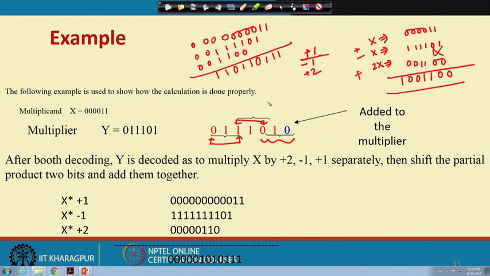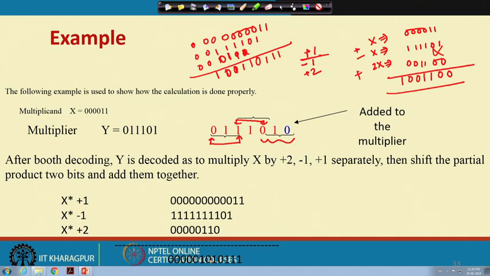Okay. Again, what happened? Sorry, this plus 2 means this is only 1. So, now it will be 1 1 1 0 1, then again 1 over here, for 1 this is 0 1.